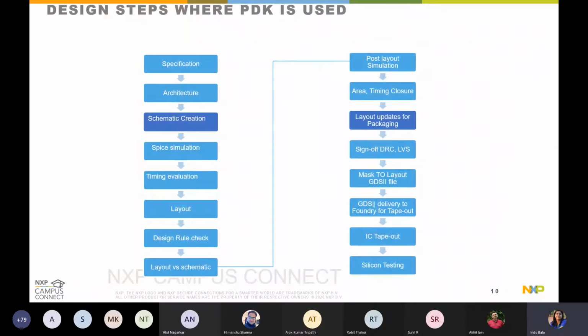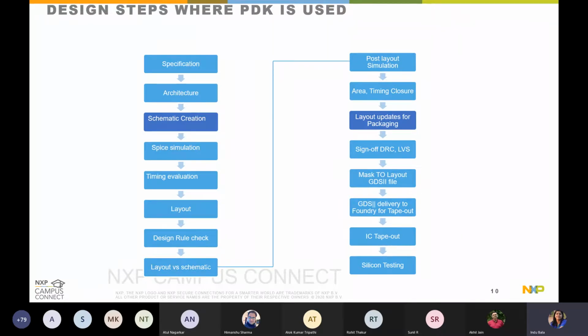So in general, in your design flow, these are some of the steps where you need your PDK. From specification to architecture, at this time you do not need a physical PDK, but you should be clear which foundry, which node, or which process you are going to, because based on that your design architecture can vary a lot.